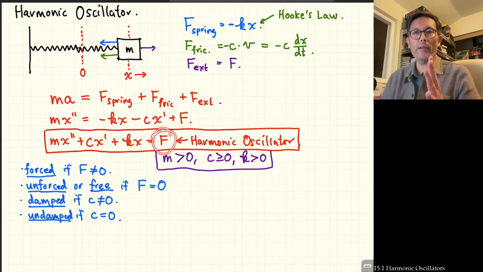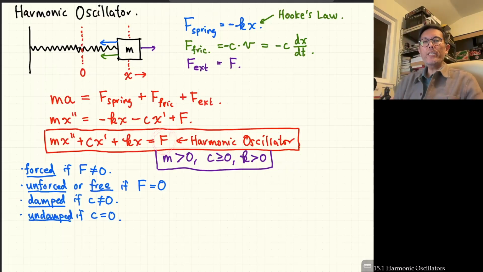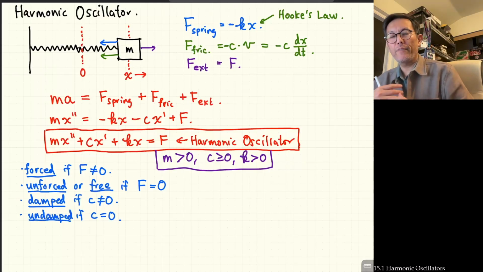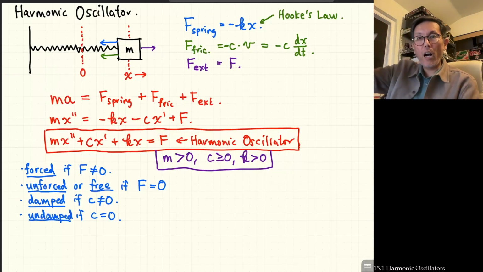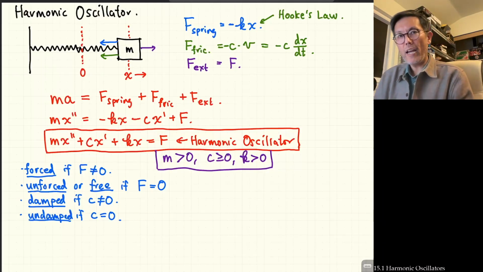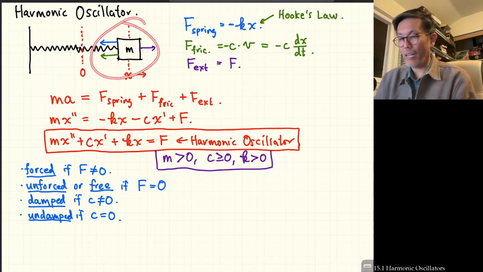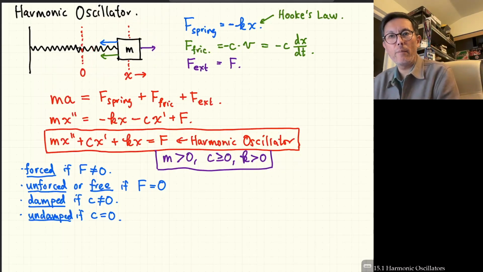That's what I mean by non-constant. In other words, we could have an external driving force which is really large for a little while, but then tapers off after some amount of time. In other words, something non-constant through time. And that's going to have interesting dynamics, of course, on our harmonic oscillator, if we consider such things.